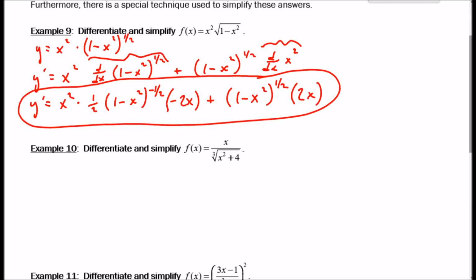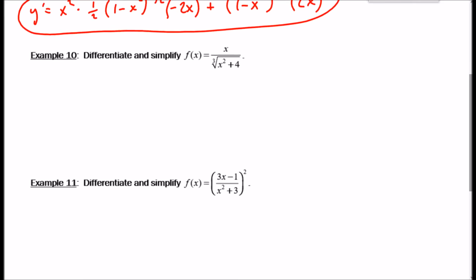Right, the next example, number 10, we have to use the quotient rule first. So y prime equals low d-high. Well, first I'm going to rewrite the low as (x squared plus 4) to the 1/3 power.